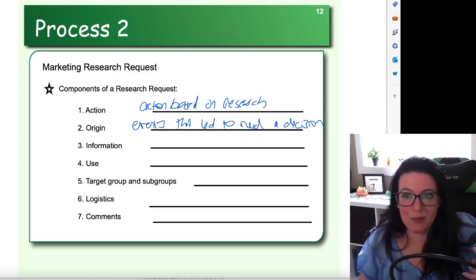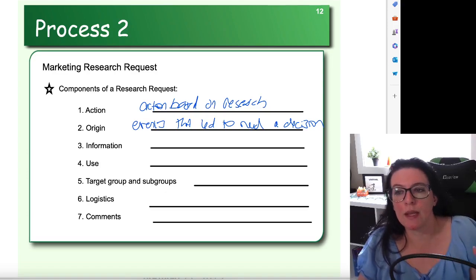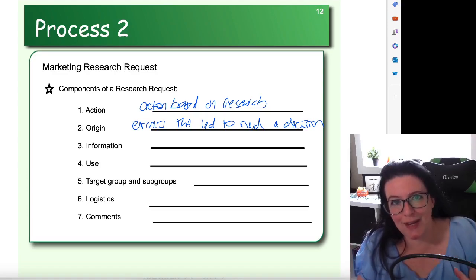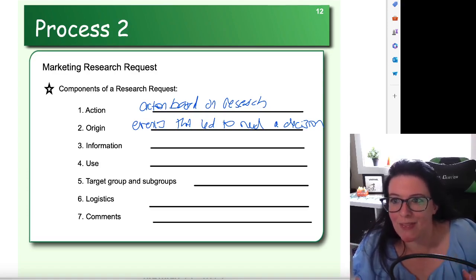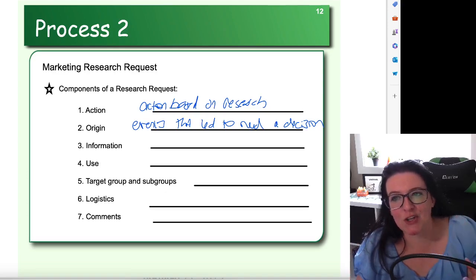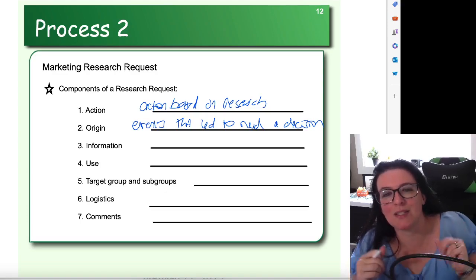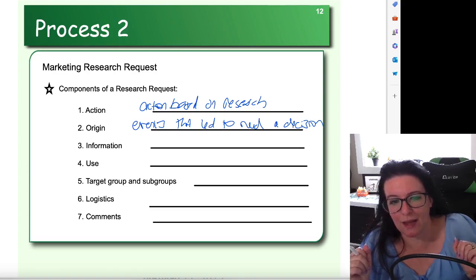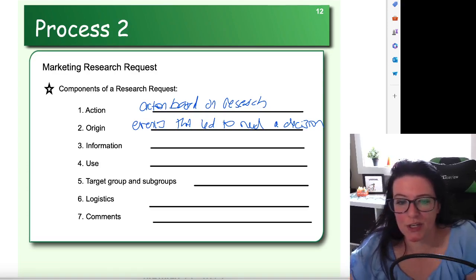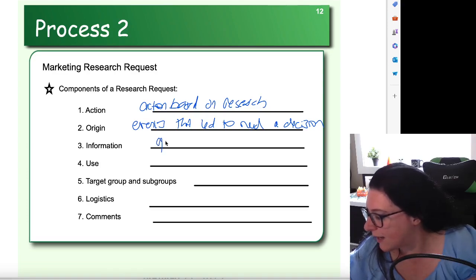Remember back to the management decision problem. There's something that led to a need for a decision, which then led to a need for information to make that decision. And then the action will be, what are they going to do? What's the decision that we'll make? And what will happen based on the information that's being collected. So information here is going to be the questions that need to be answered.